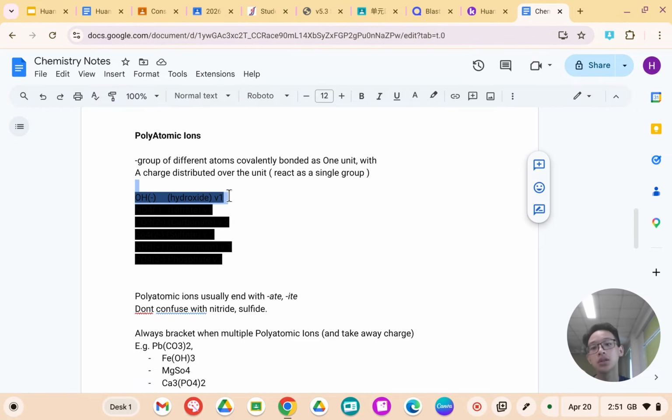Hydroxide, 1 charge. Nitrate, also 1. This is CO3. Oh, carbonate is 2. Sulfate is 2. So how I would remember this is oxygen.